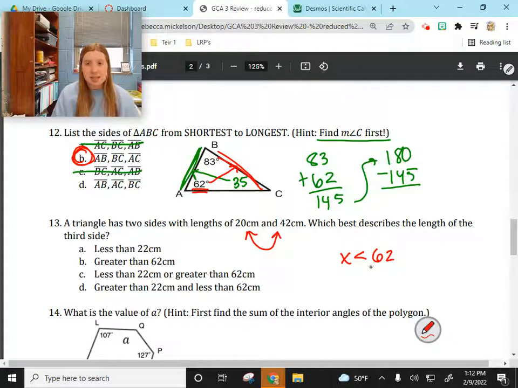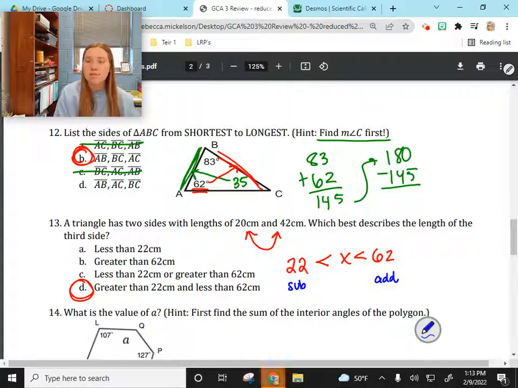It's got to be less than 62, but it's also got to be greater than when we subtract them. 42 minus 20 is 22. So greater than 22, but less than 62. If you want to make yourself a note, here we subtracted those numbers, and here we added those numbers.